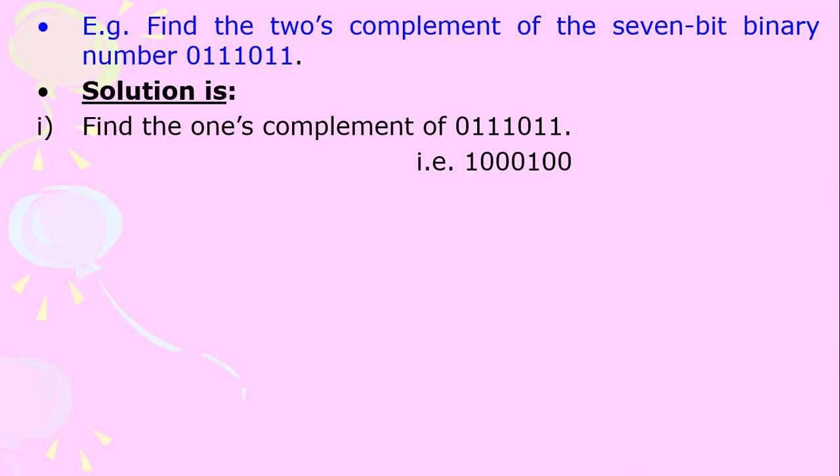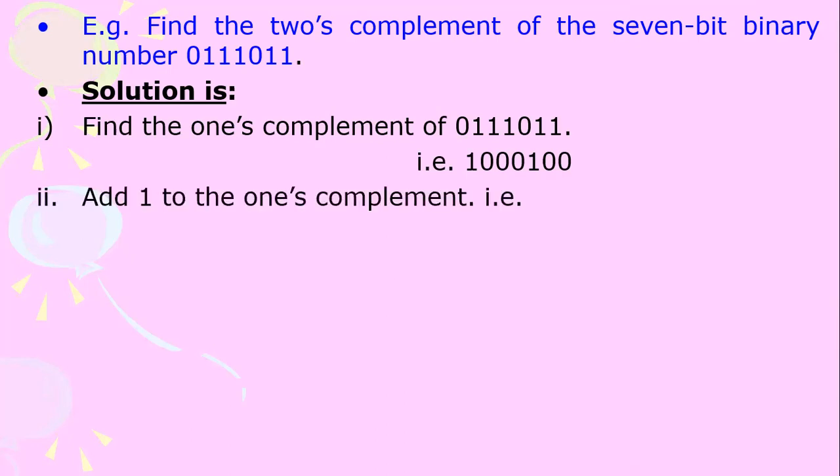This gives us 1, 0, 0, 0, 1, 0, 0. The next step is we add 1 to the ones complement. That is 1, 0, 0, 0, 1, 0, 0 plus 1.